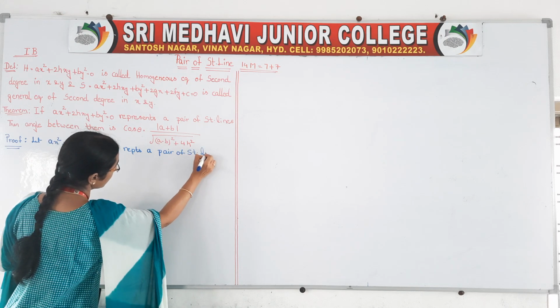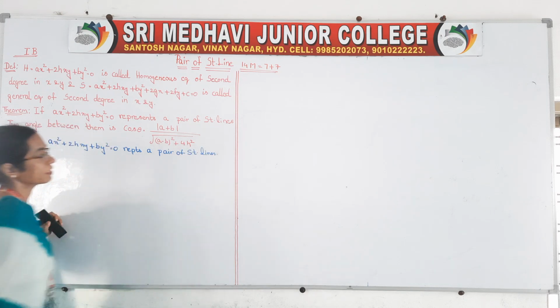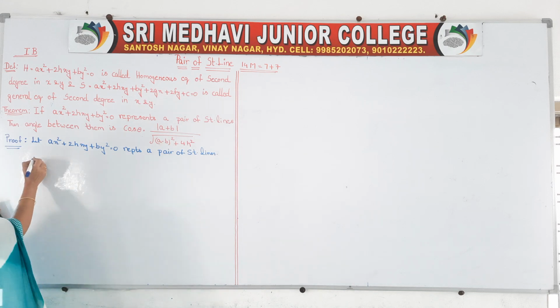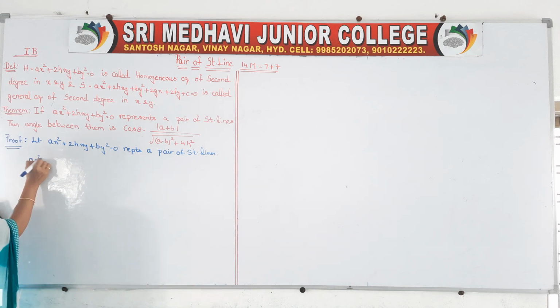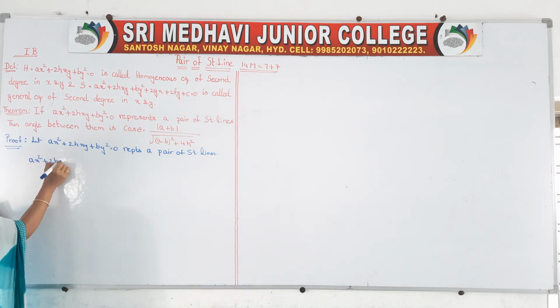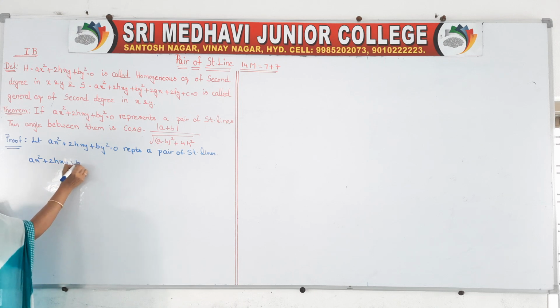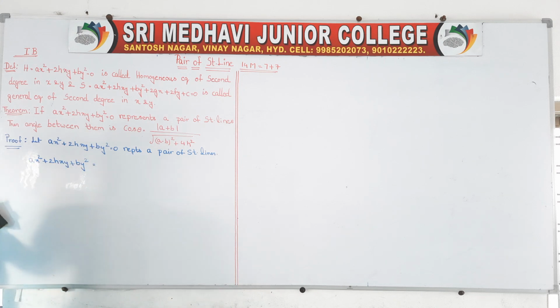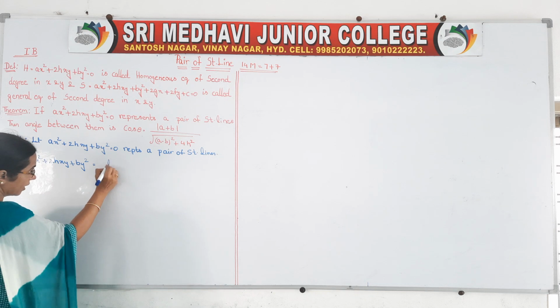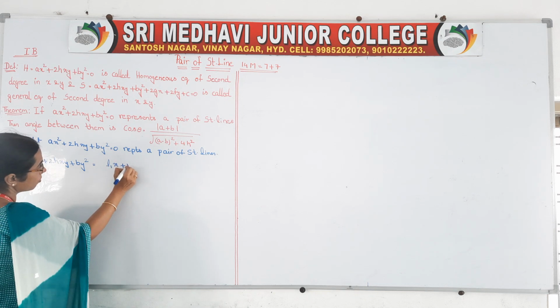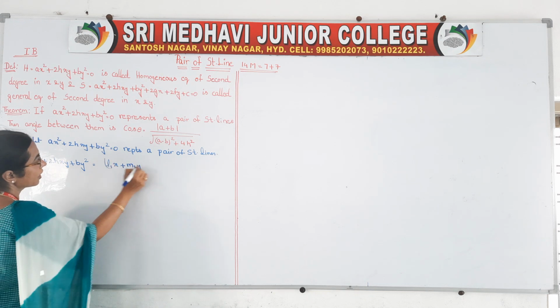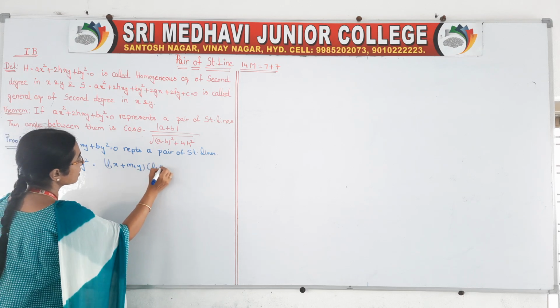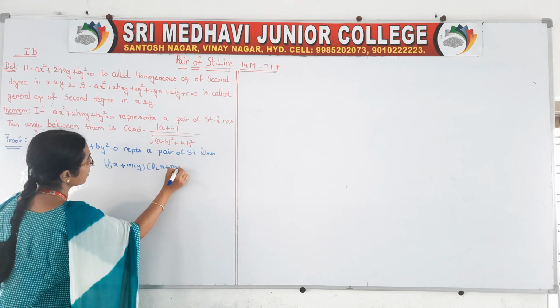Whenever this represents a pair of straight lines, ax square plus 2hxy plus by square can be written as the combination of two lines, that is (L1x plus M1y) into (L2x plus M2y).